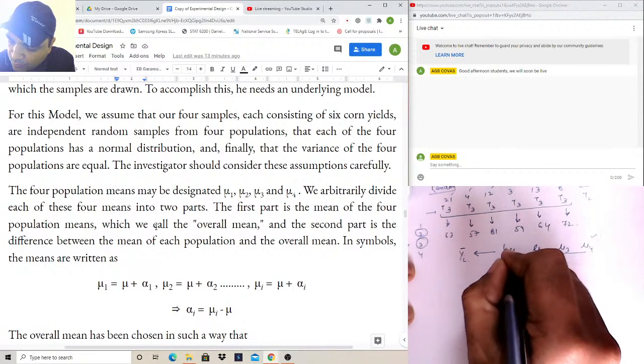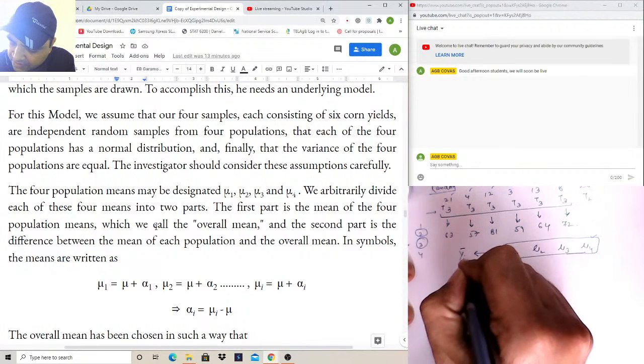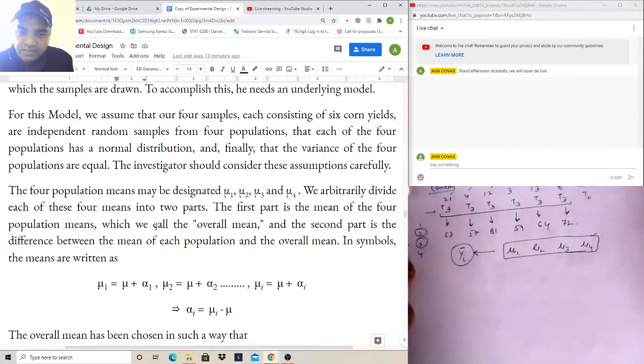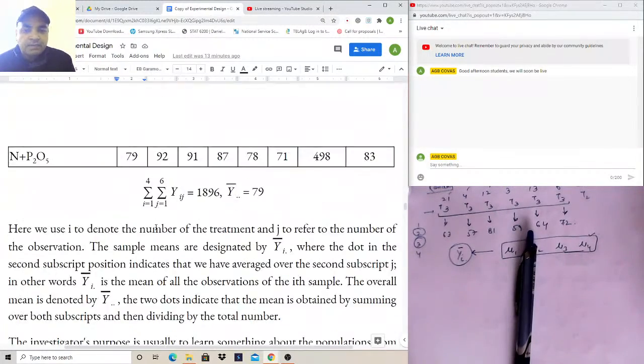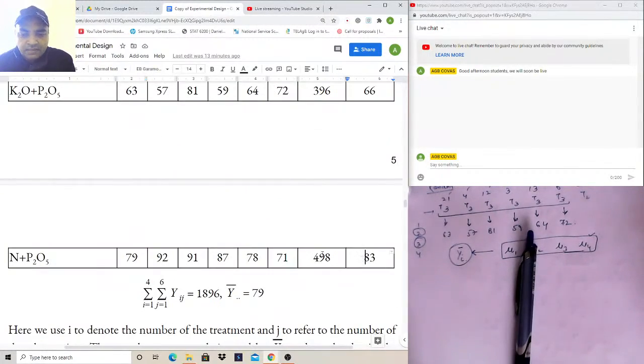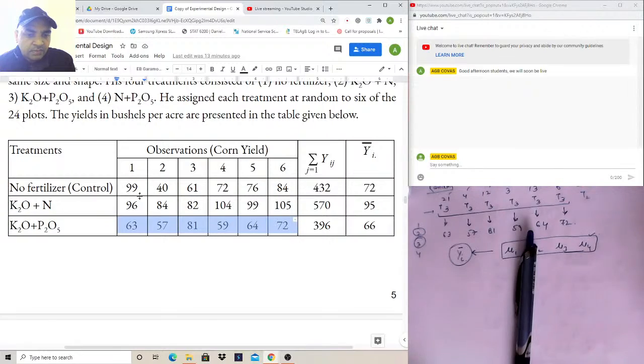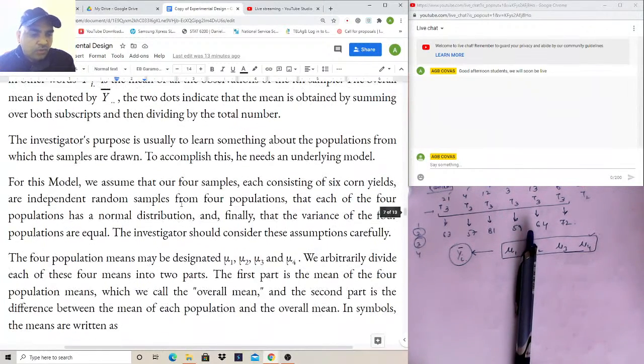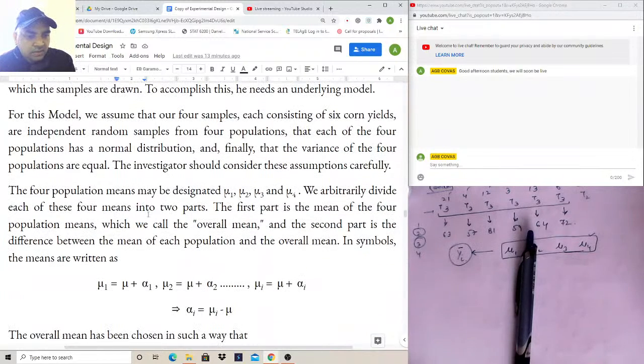These were the sample means we have obtained in this table, not the population means. They have been obtained from the fourth population. This is from the third population, this is from second, this is from the first, right? So, we are assuming that the 4 populations may be designated as mu1, mu2, mu3 and mu4.